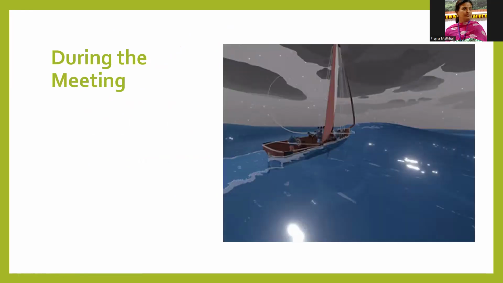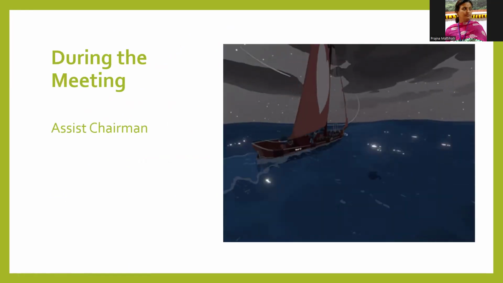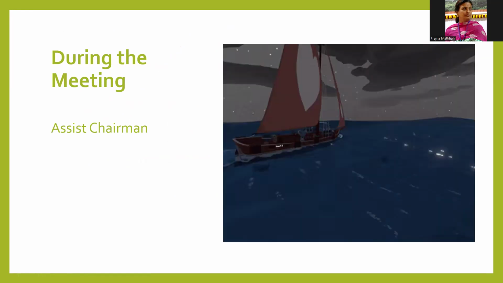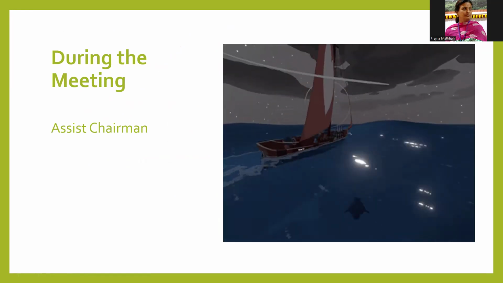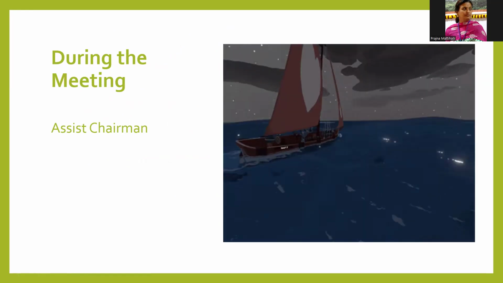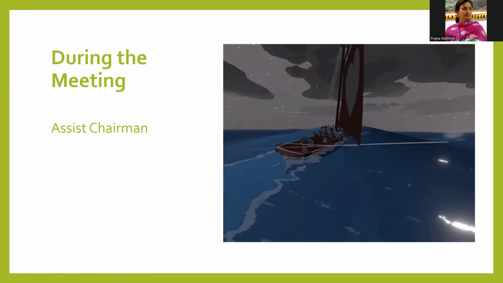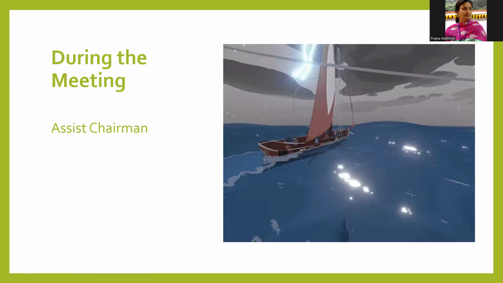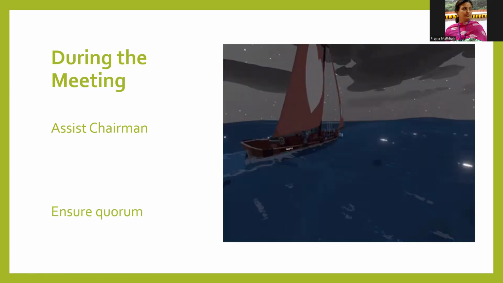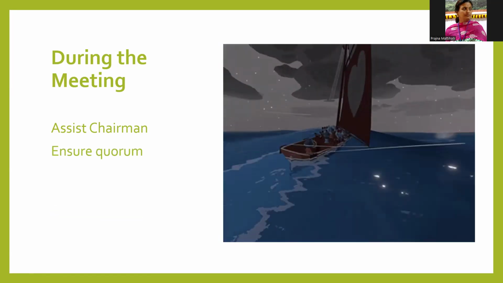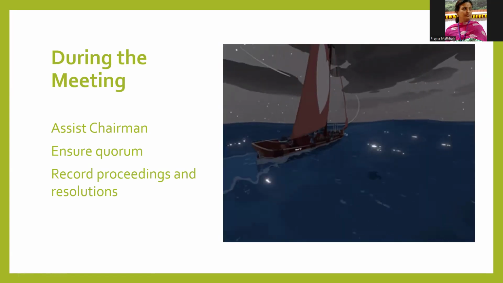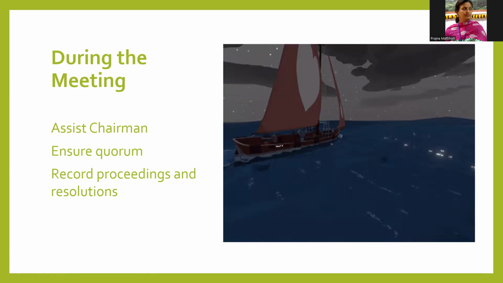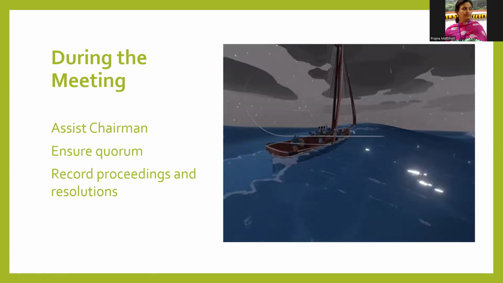Then during the meeting, what he is supposed to do? He should assist the chairman. There will be a chairman in the meeting. The chairman will be acting as the supreme power in the meeting, so he may be in need of some kind of assistance. That assistance will be done by the secretary. He ensures the quorum. He should count the people, how many members have attended the meeting.